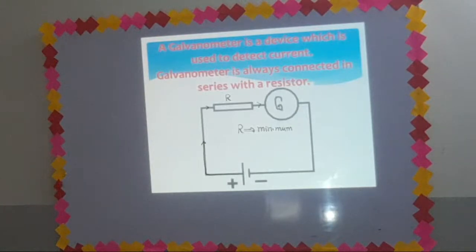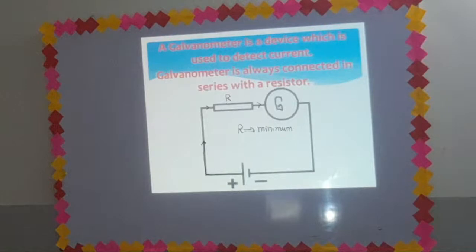Galvanometer is connected in series. What does series mean? Series means there should be one path for the passage of current. It is compulsory for the current to pass through galvanometer. Therefore, it is compulsory for galvanometer itself to have minimum opposition in the flow of current.